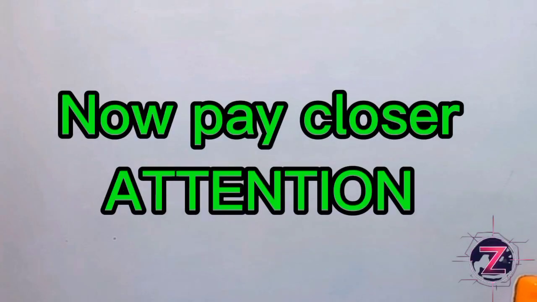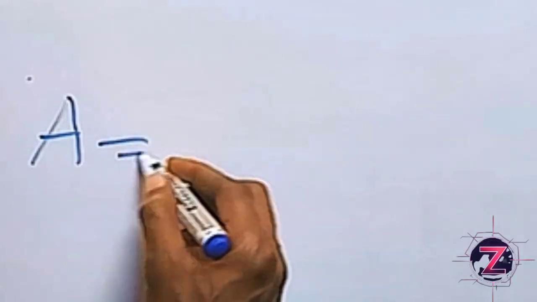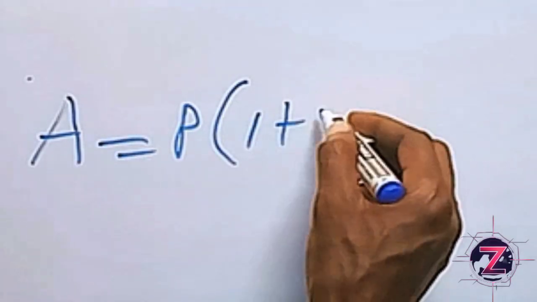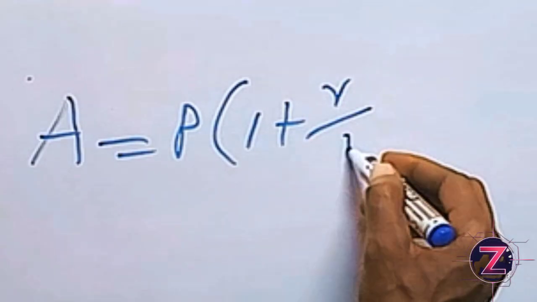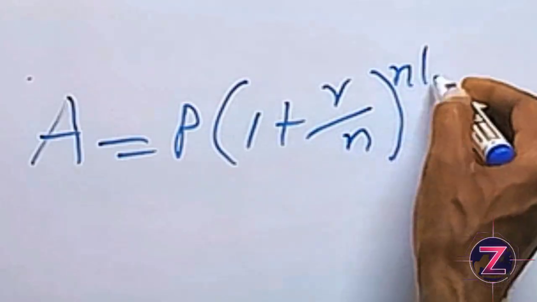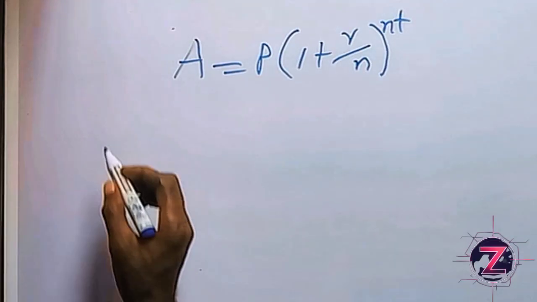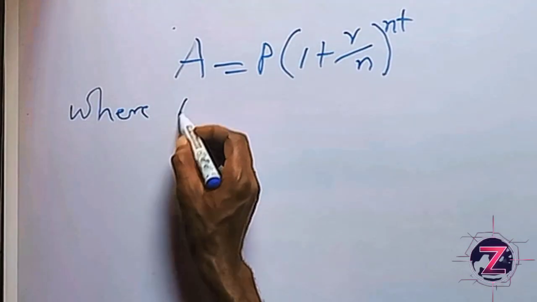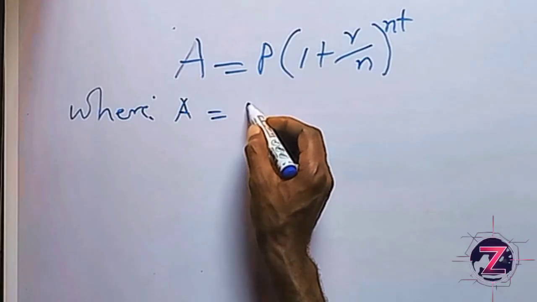In compound interest, you work with this formula: A = P(1 + R/N)^(NT). Always know that A here is your final amount.